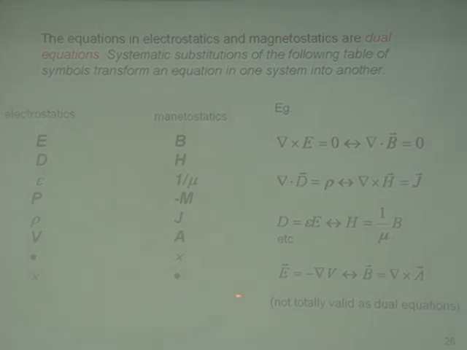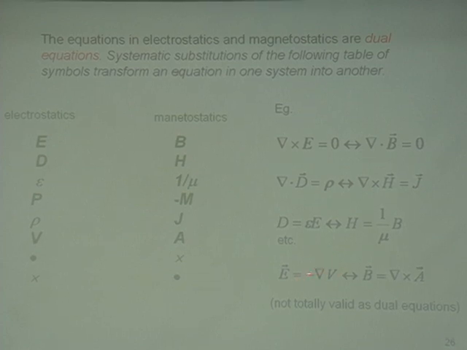For example, for this E equal to minus gradient of V，这是 define 出来的。你可以看到这个负号呢是来自我们定义就无限远的地方，它的 electric potential has to be equal to 0. If you do a systematic substitution of E and V with the variables in this table, then you don't get this equation because of this minus sign.